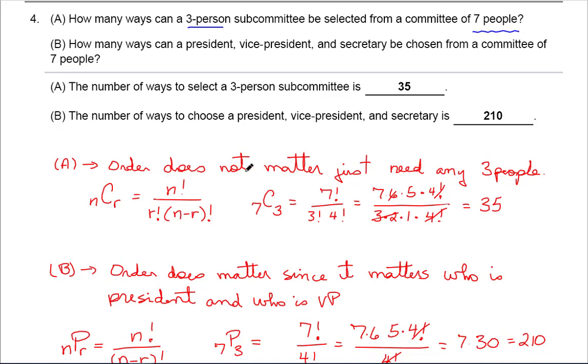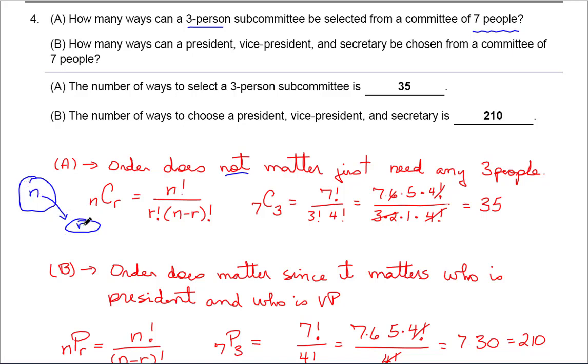Well, if order does not matter, we have this formula for combinations. N is the total number of people that we've got. So here's N, and I'm going to pick from that sample R of them. So in our case, I've got 7 to pick from.